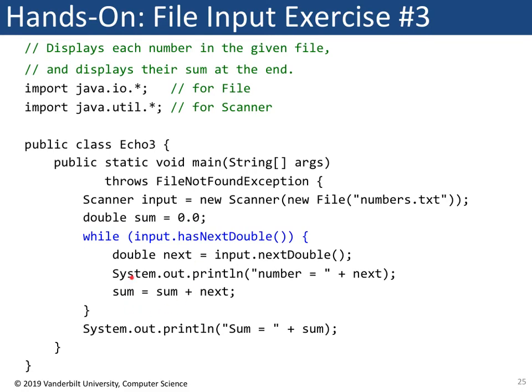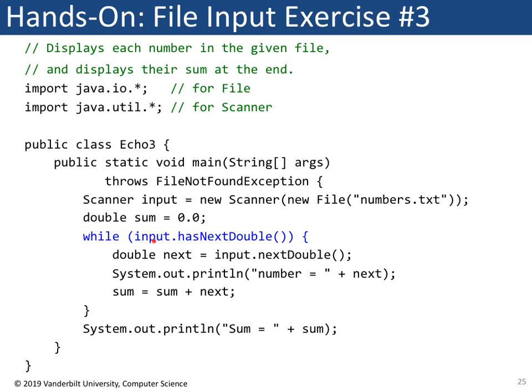And we will do this until input.hasNextDouble returns false. That would mean that the next token in the input stream is not something that can be interpreted as a double, or we've reached the end of the file. Either way, this will return false, which means we will exit the loop and jump to the statement immediately following the loop and print the sum.